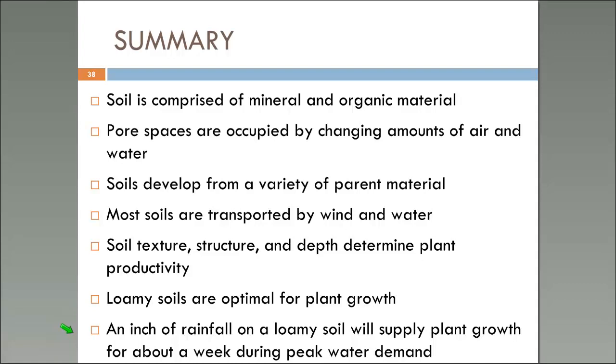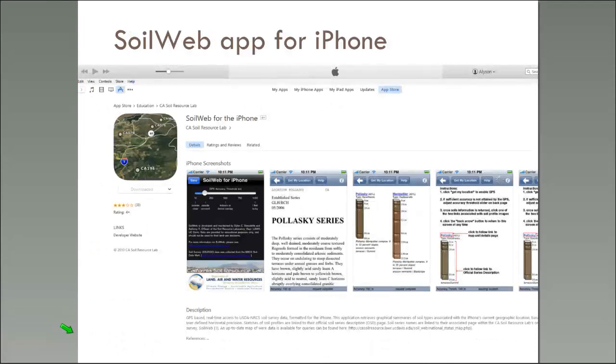Soils develop from a variety of parent materials, and that parent material has a very strong control on texture, structure, depth, and color. Most soils, especially in the United States, are transported by wind and water. Texture, structure, and depth also determine plant productivity. Loamy soils are optimal for plant growth, and as an example, an inch of rainfall on a loamy soil will supply plant growth for about a week during peak water demand.